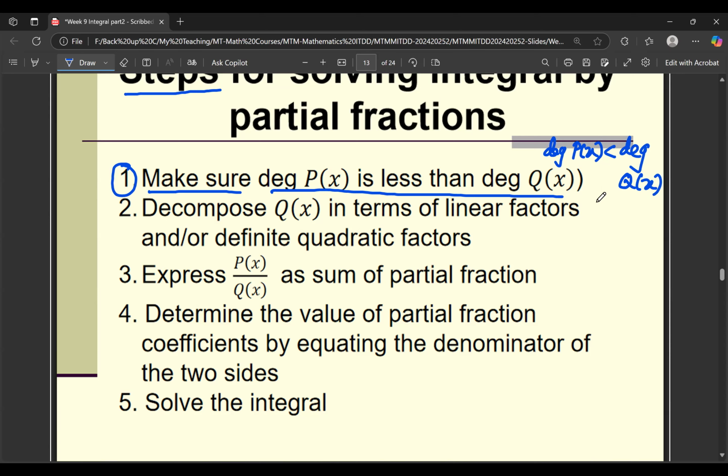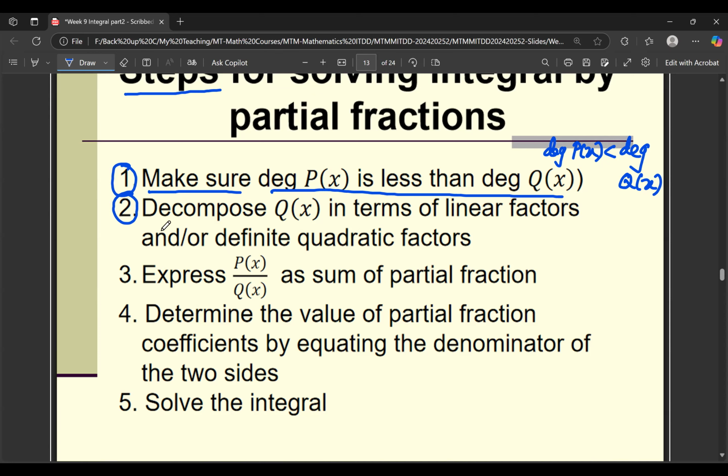In another situation, where the degree of Px is greater than or equal to the degree of Qx, you must divide it first.